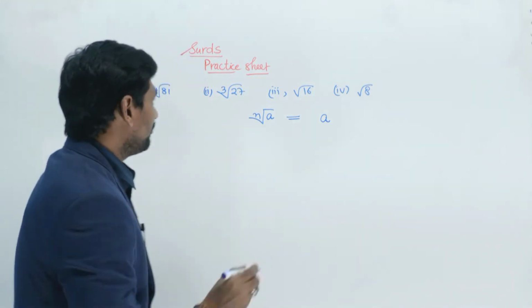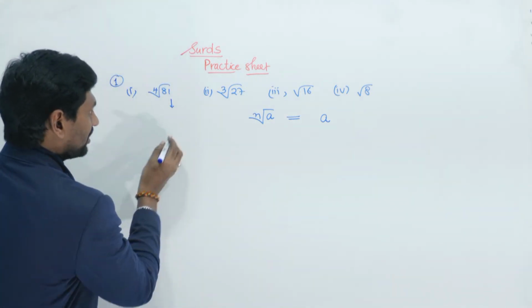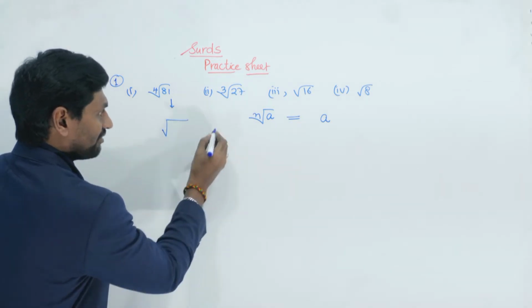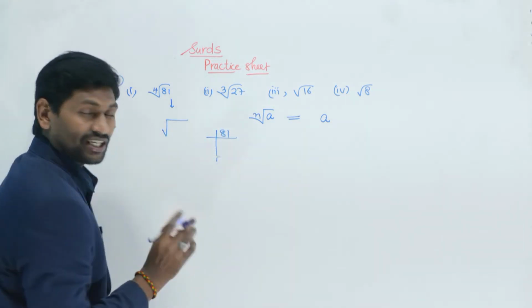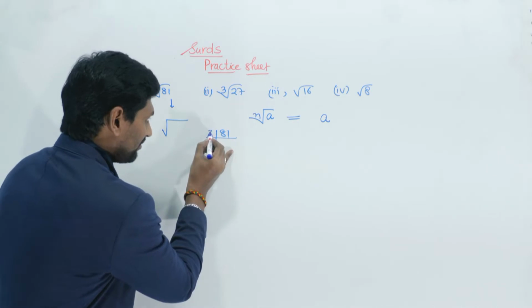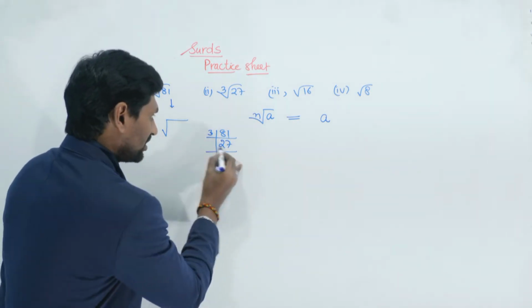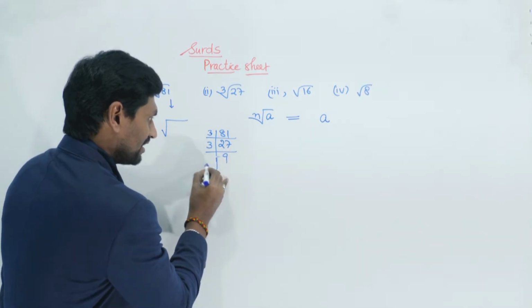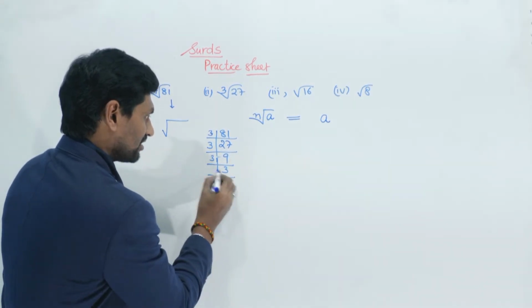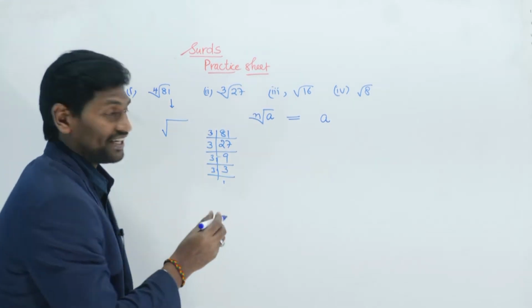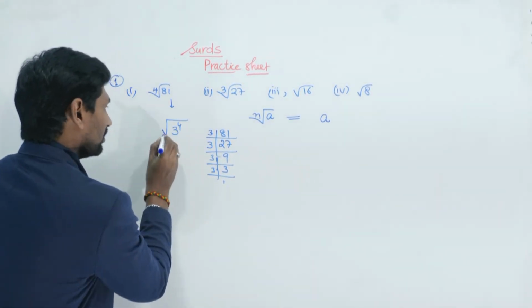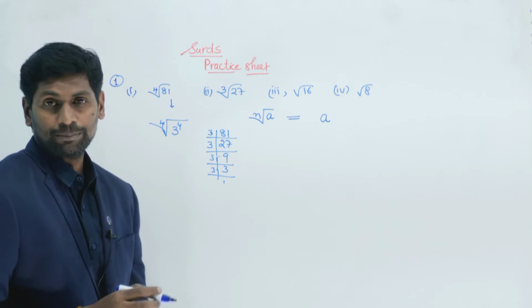For example, in the first option, let us find the prime factors of 81. 3 27s are 81, next 3 9s, 3 3s and 3 1s. So we can write 81 as 3 power 4.